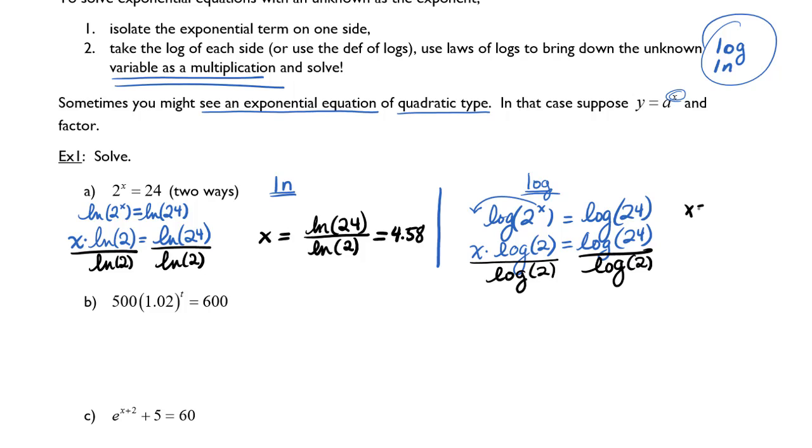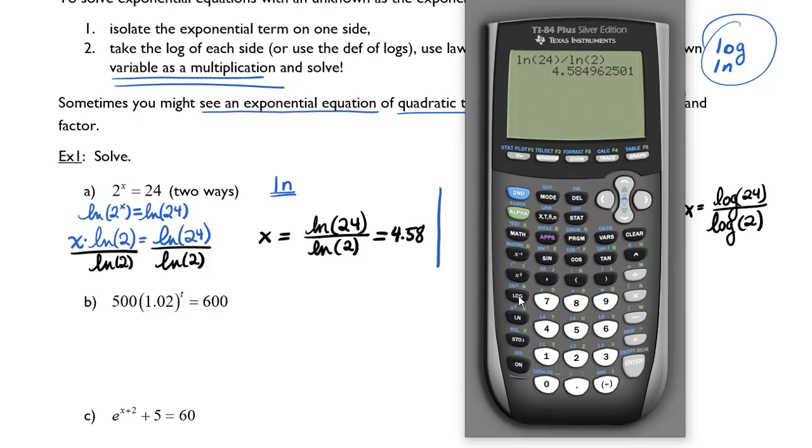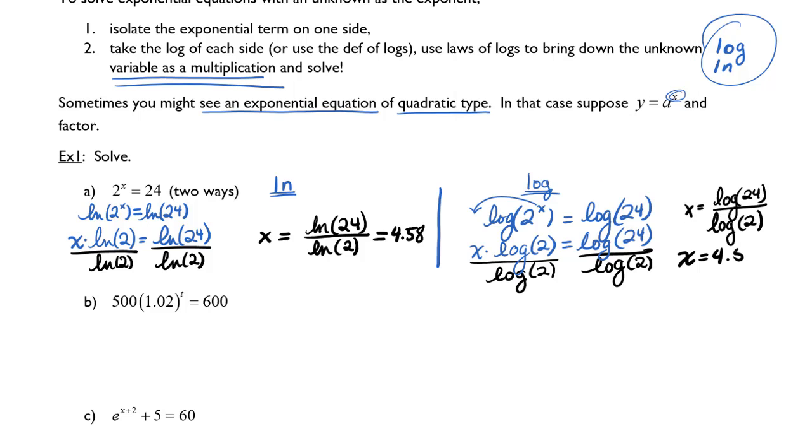And my x is equal to log of 24 divided by log of 2. And if we put that in our calculator, log of 24 divided by log of 2 equals 4.58. So you can see that they come out exactly the same whether you use a natural log or a common log to solve them.